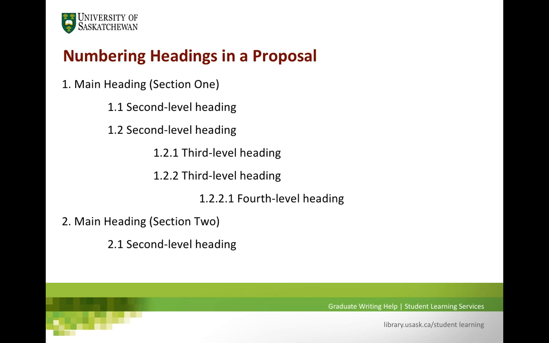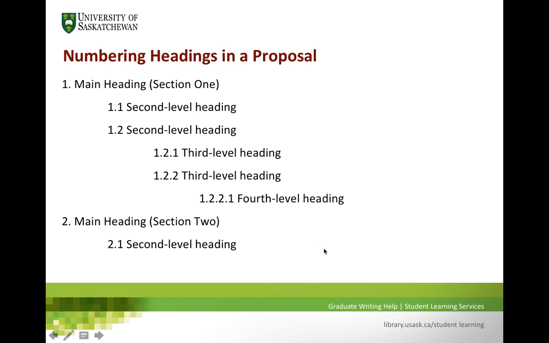It's a good idea to number the headings in your proposal. Why do I say this? It's because it's easier for you to organize your ideas if you don't just rely on a typeface to indicate what the level of the heading is. Much better to use a numerical system that can guide you in the preparation of your outline. And then if you need to add in another heading as you write, it'll be fairly easy to do that.